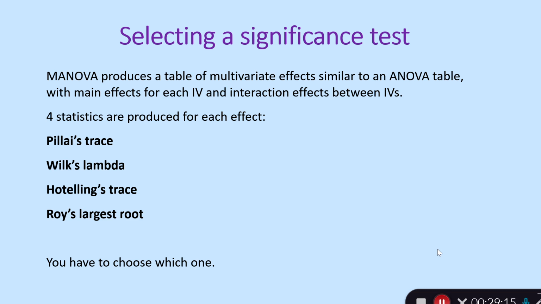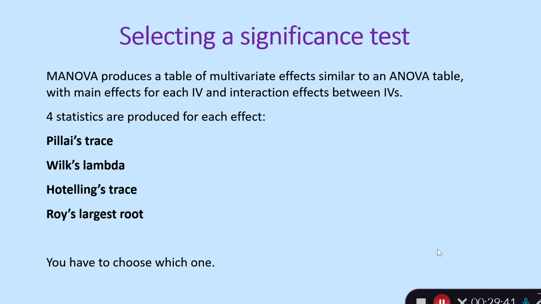For each of these, it basically gives us 4 statistics. So it gives us a choice of 4 different MANOVA tests, and we can choose which one to interpret, essentially.